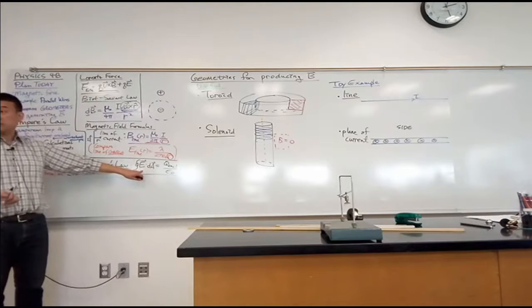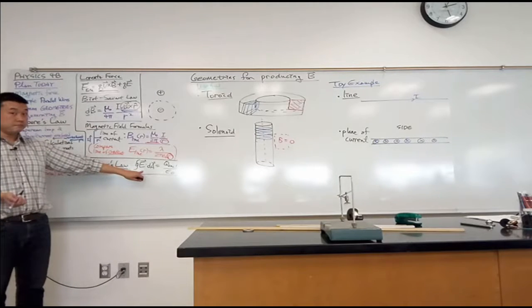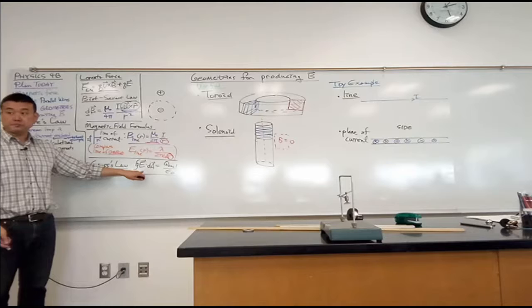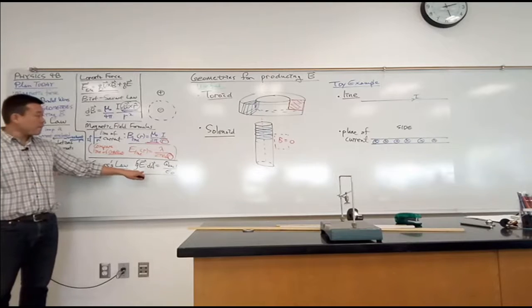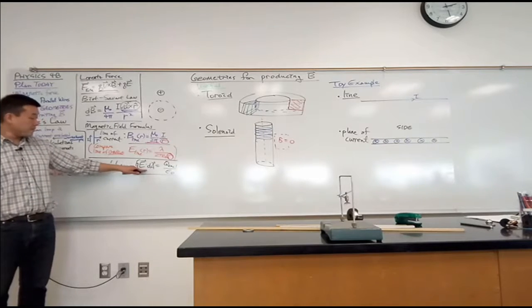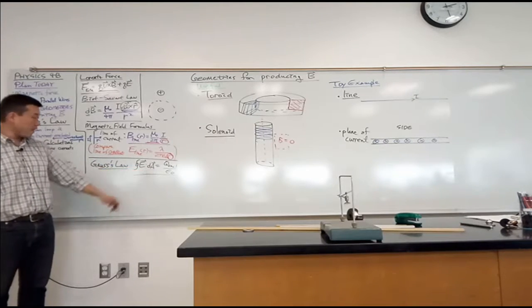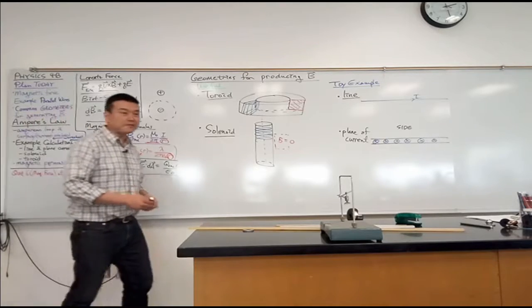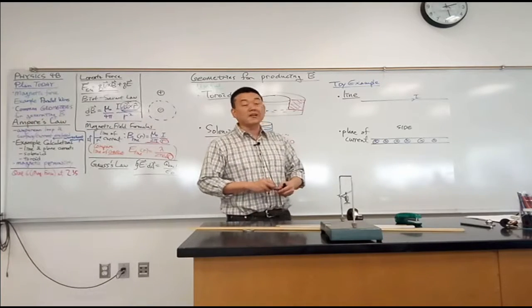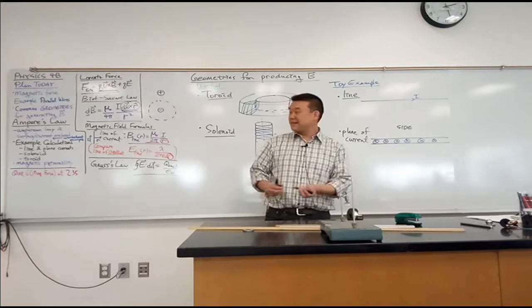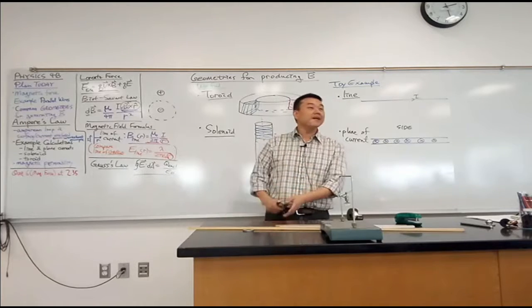Can you still rely on Gauss's law? Is Gauss's law still true? It is still true. Yeah, it is a fundamental law of nature. If you ever find a situation where this is untrue, well, that's just not going to happen. Science itself is wrong if that happened.